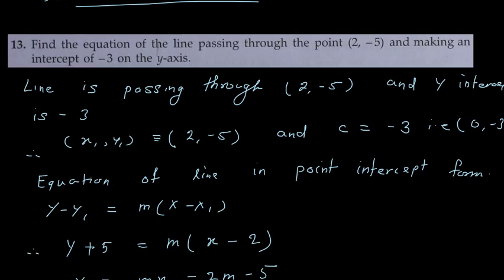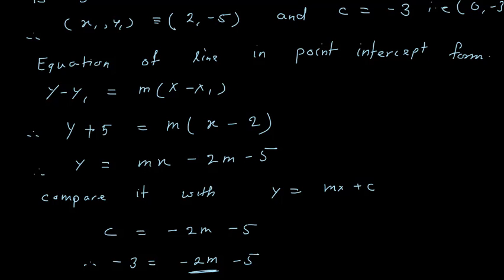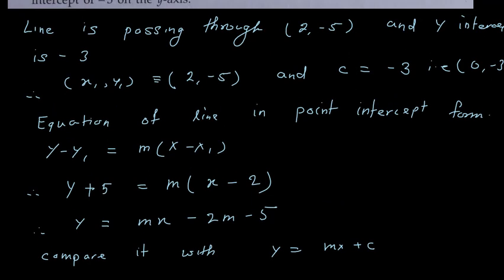Now first I will write y minus y1 is equals to m into x minus x1. Secondly, on the side only I am solving, you can say that your slope m is equals to y2 minus y1 upon x2 minus x1. 3 minus minus will become plus 5 upon 0 minus 2.